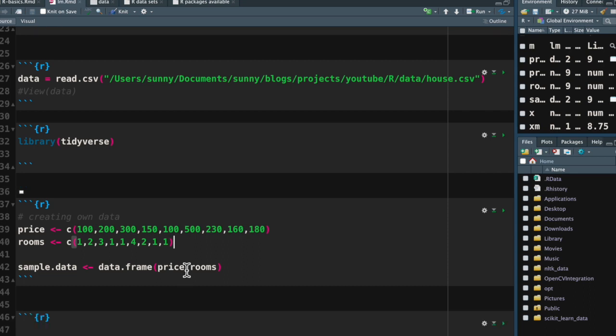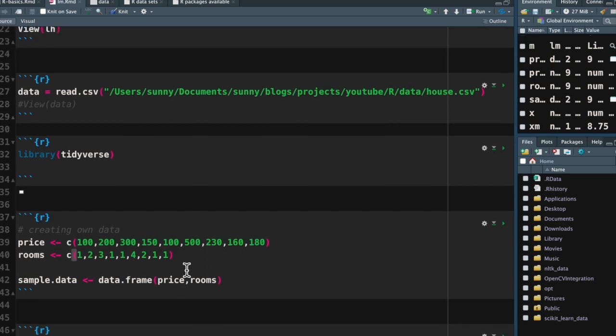The most important factor here is the way I have designed the data. If you see here, as the price is increasing, the number of rooms is also increasing in the same fashion. We will supply the same data to our linear model, and let's see if it finds out the pattern pertaining to these data points or not.